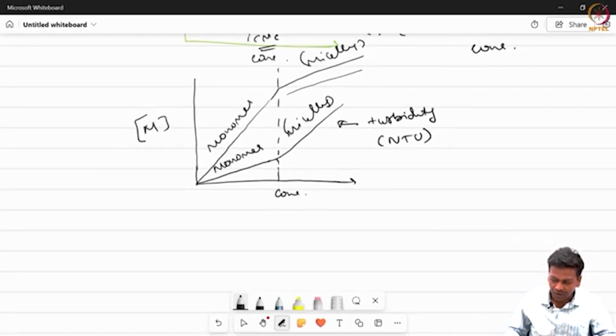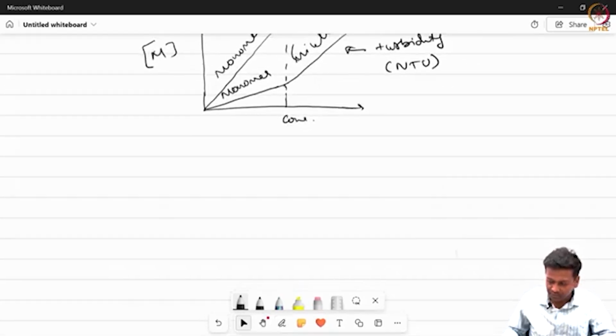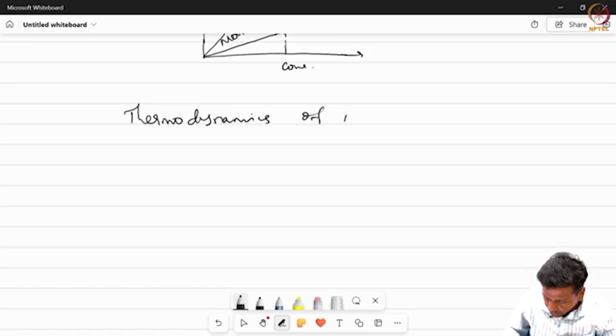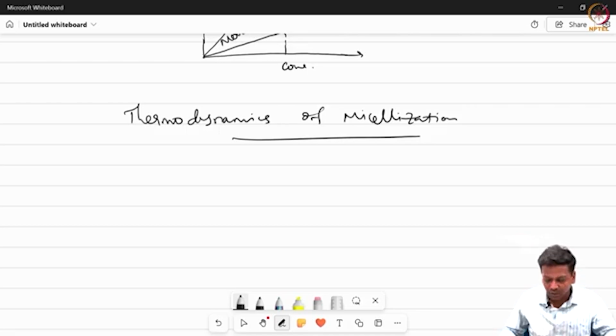Okay, so now we will look at the thermodynamics of micellization. As we know, the surfactant monomers form micelles, that is, aggregate structures, right?